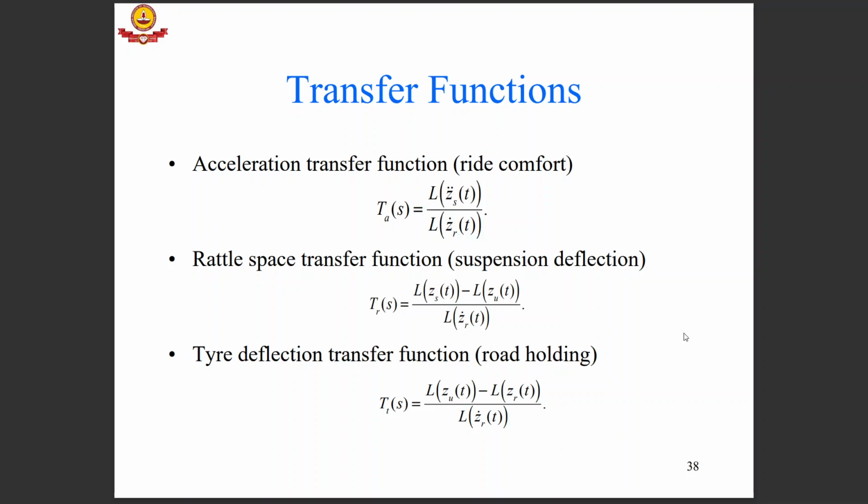Here we are interested in how much the input of road is impacting the deflection of the tire. The deflection of the tire is given by Zu minus Zr. So if we take the Laplace of it and take its ratio to the Laplace of Zr dot, we are going to get the tire deflection transfer function.